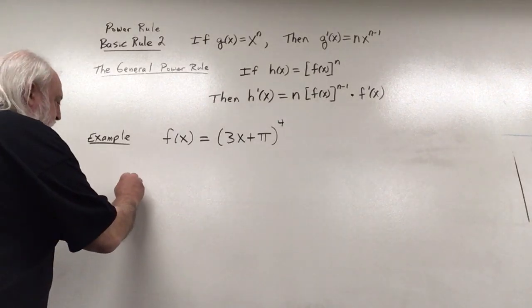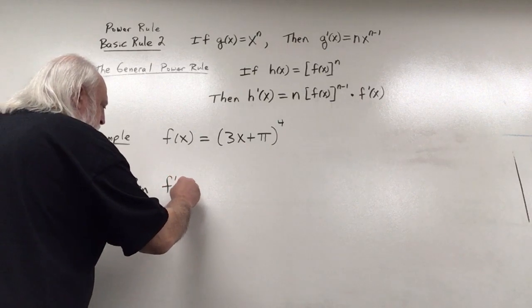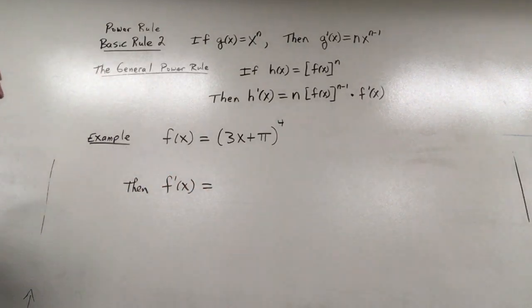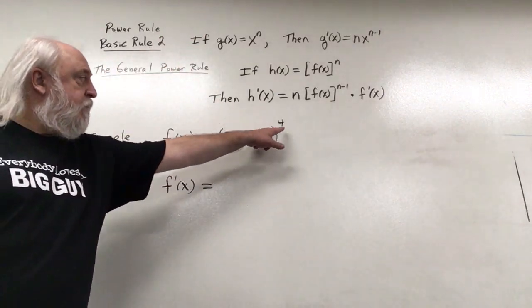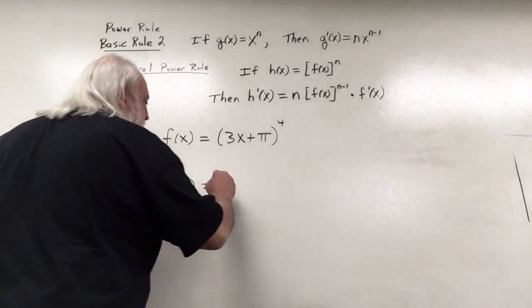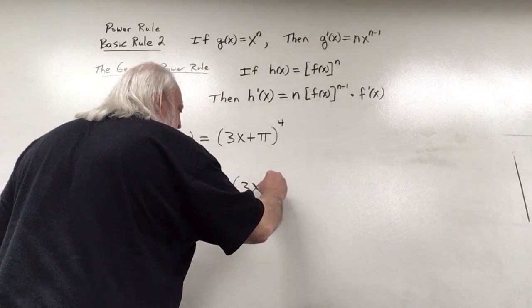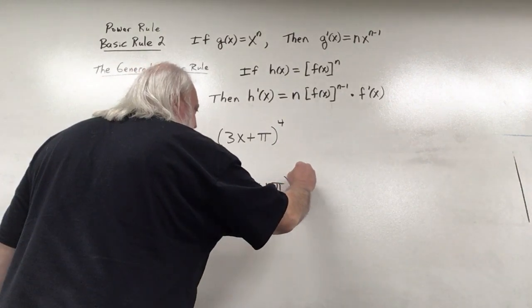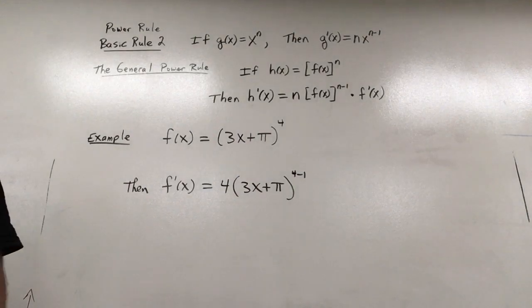Well, the derivative of f of x, denoted f prime of x, just like we would with the power rule, we take the exponent 4 and we bring it down front. And then we subtract 1 from the exponent, so we have 4 minus 1 in the exponent.